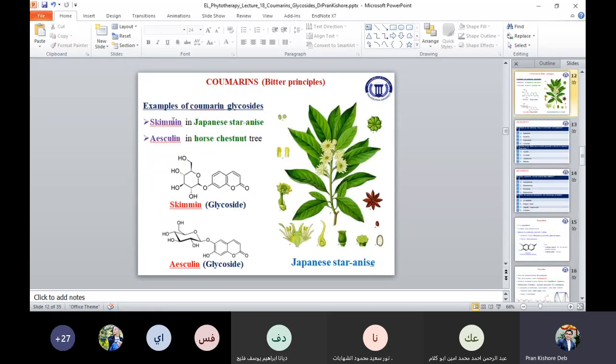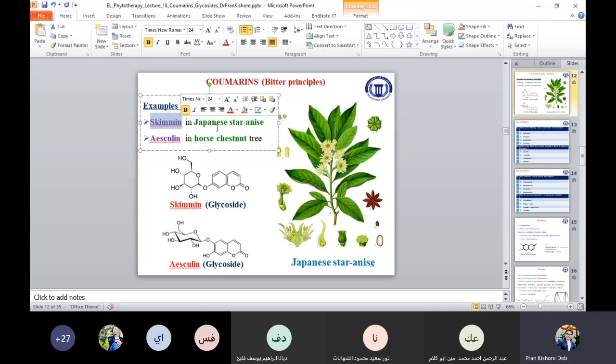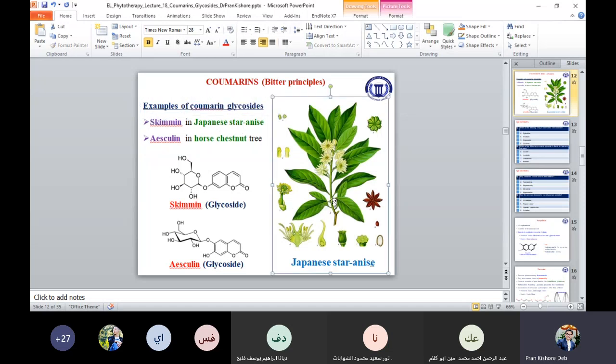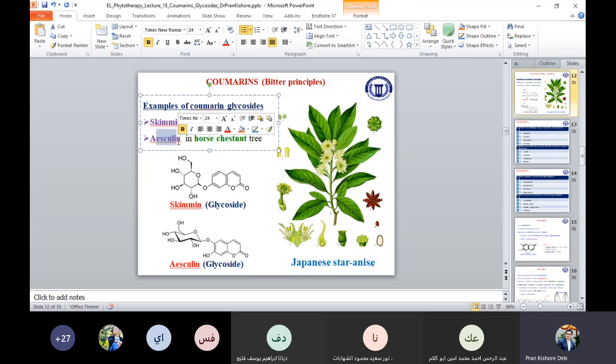One example is skimmin. Skimmin is an example of coumarin glycoside, which is available in Japanese star anise. You look at the plant structure of Japanese star anise. Second example is esculin. Esculin is also an example of coumarin glycoside, which is available in horse chestnut tree.